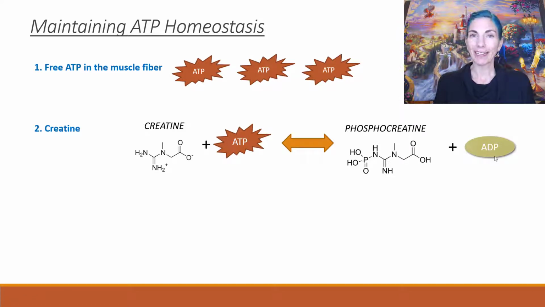This is generally a reversible reaction. When ATP levels get high in the cell, then ATP will combine with creatine to make phosphocreatine and ADP. When ATP levels start to fall because you're using ATP, then phosphocreatine takes that phosphate group and shoves it back onto ADP, thus making ATP.